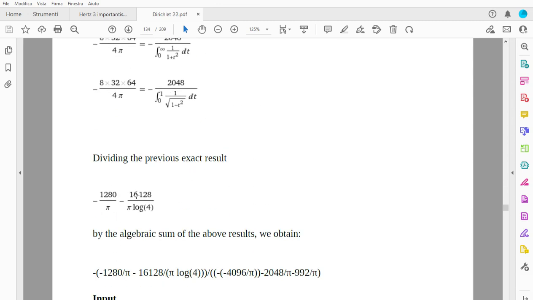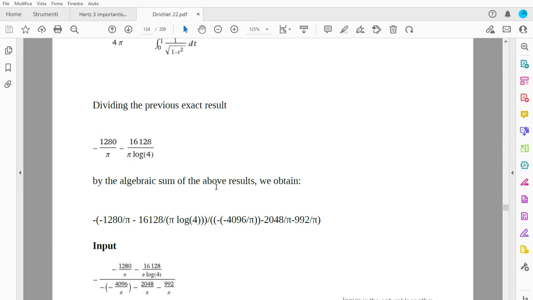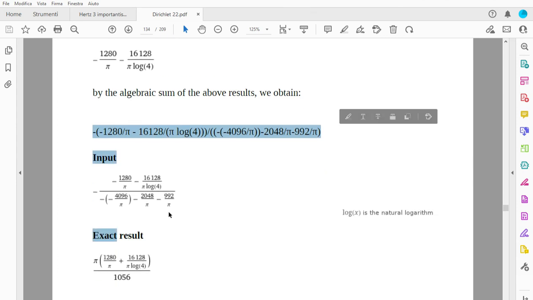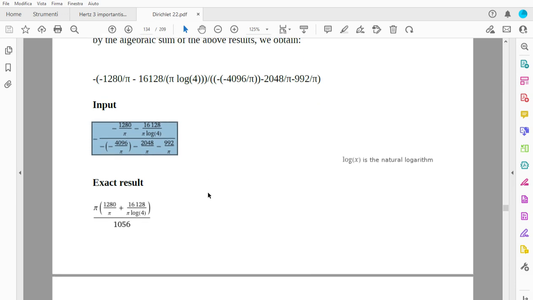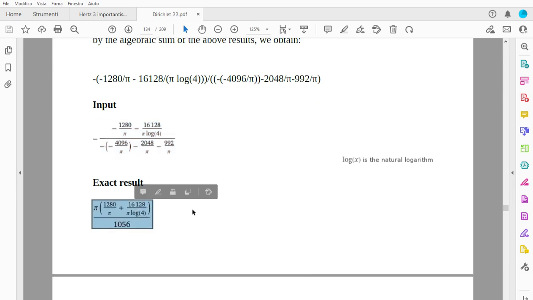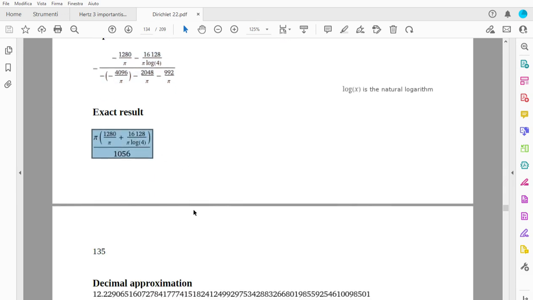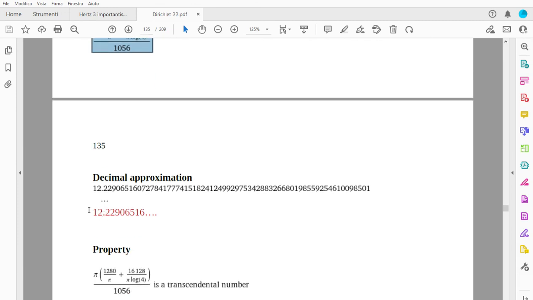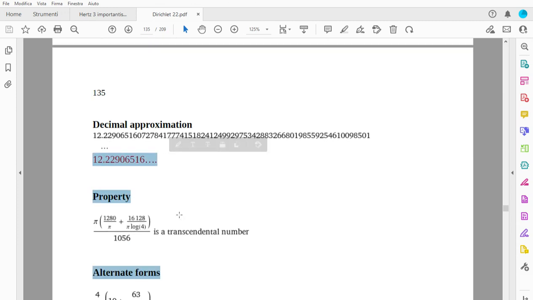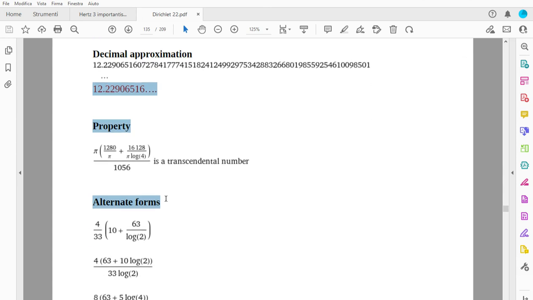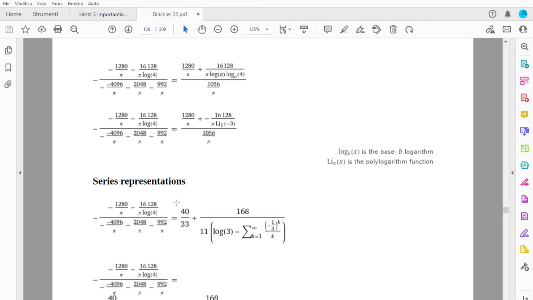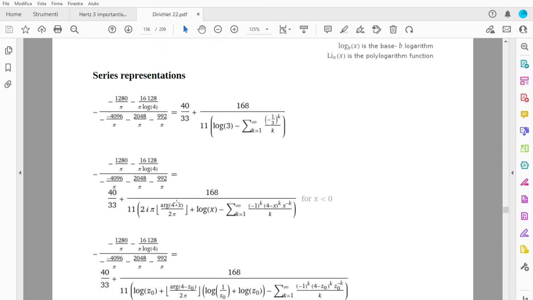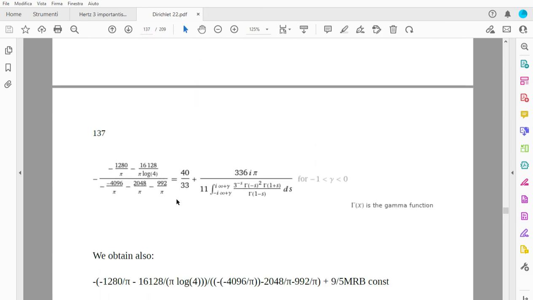Dividing the previous exact result by the algebraic sum of the above results, we obtain the following expression and the following exact result. That is this value. Also here the study of the function, alternative representation, series representation, and so on.